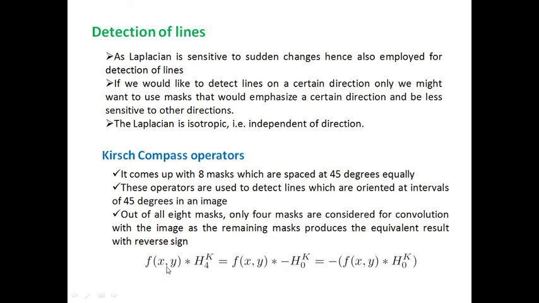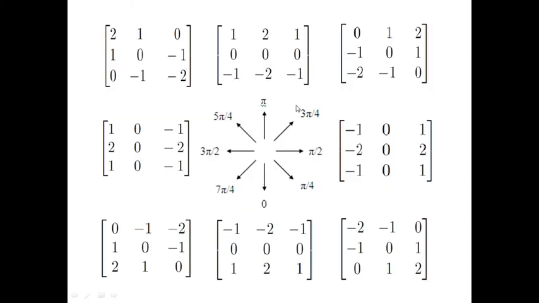So if I consider f of x comma y as my input image, there are 8 masks provided by the Kirsch compass operator. Let them be h0, h1, h2, h3, h4, h5, h6, h7. So h4 and h0 resemble the same one. I will show you in the next slide. Now this is my Kirsch compass operator. Each and every mask is separated by 45 degrees angle.